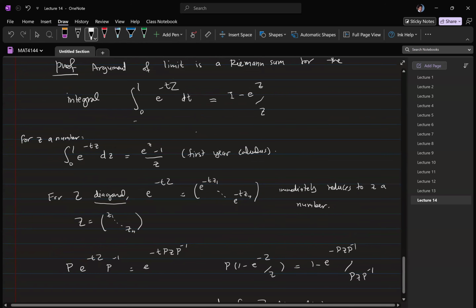Okay. So now the integral value on the left, basically the functions e to the minus tZ will converge to your desired function for the Z, which might not be diagonalizable. And same for the right-hand side. Both sides converge. All right.